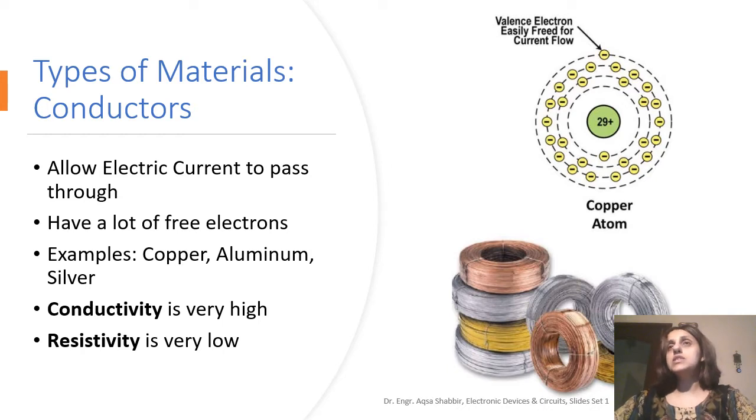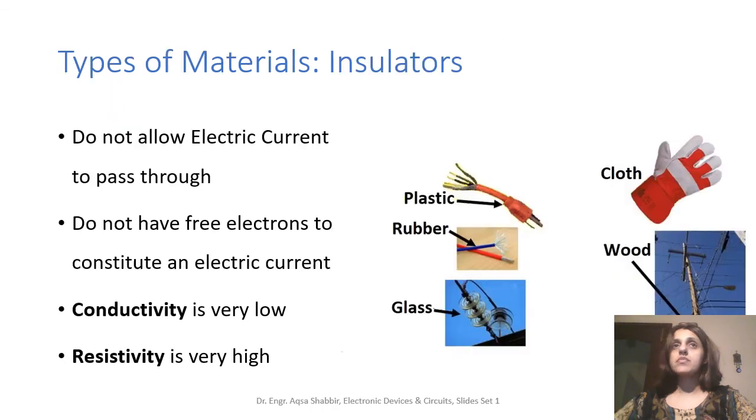This availability of a large number of free electrons allows conductors to conduct electricity. For conductors, conductivity is very high, and on the contrary their resistivity is very low.